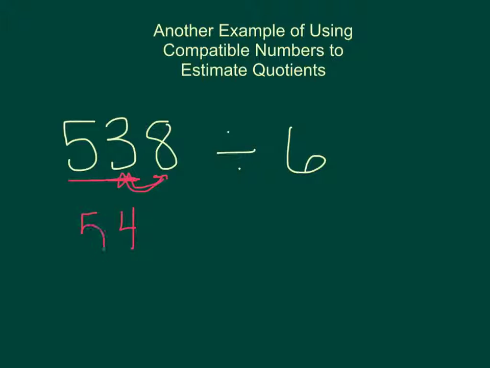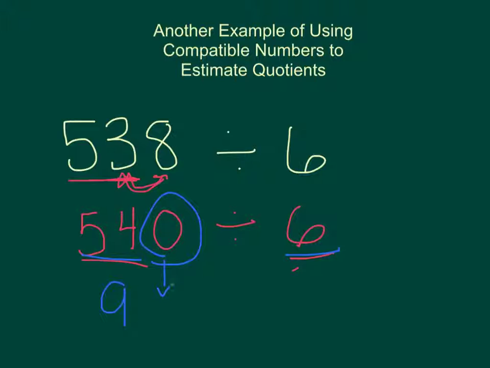The 5 stays the same. The 8 becomes a 0. Divided by 6. 54 and 6 are compatible numbers because they can be evenly divided. 54 divided by 6 is 9. Then I have the 0 that I just bring down into my answer.